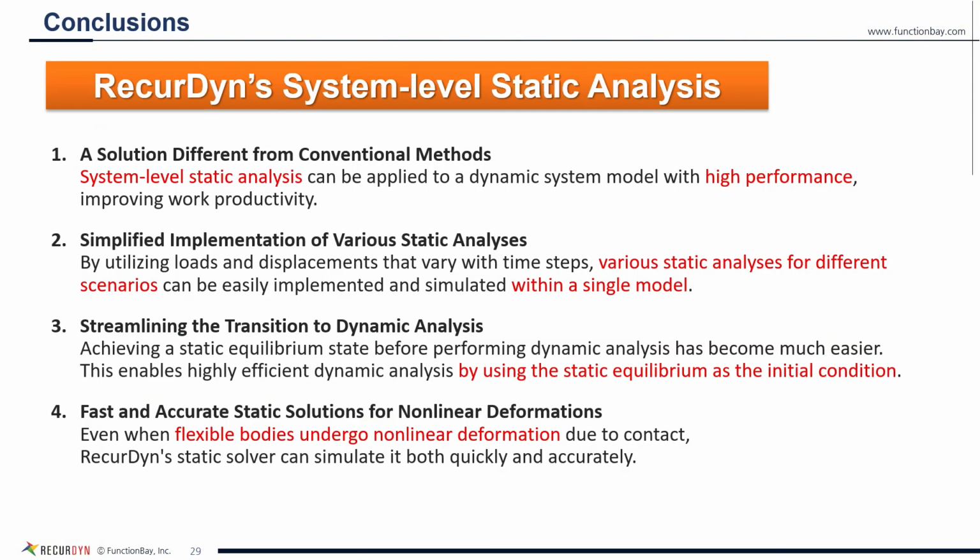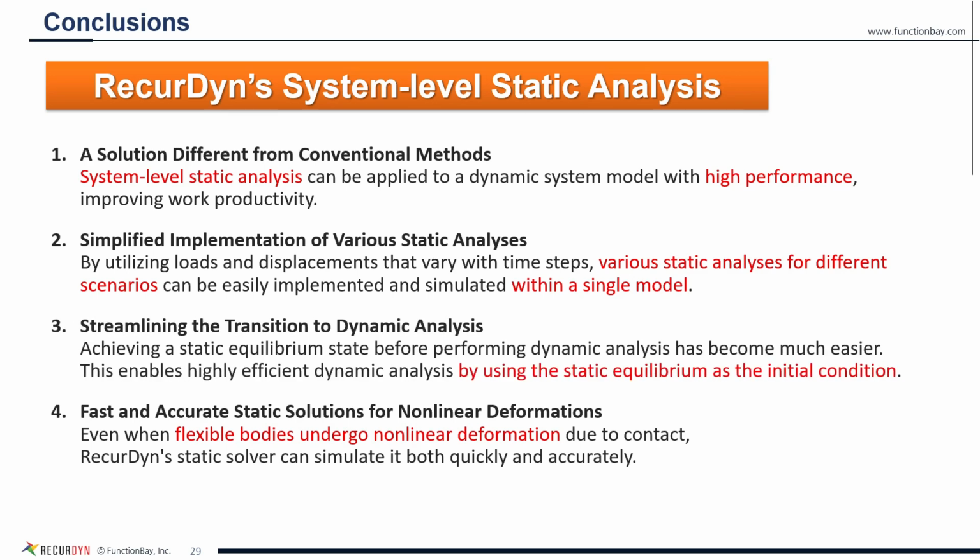So far, we have explored FFlex Static and its unique advantages for system-level static analysis, along with several examples. RecurDyn offers a solution beyond conventional methods by enabling high-performance static analysis in dynamic models. Various static analyses for diverse scenarios can be easily implemented within a single model.